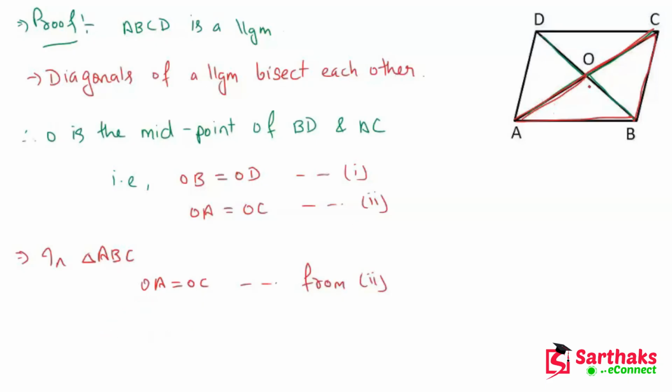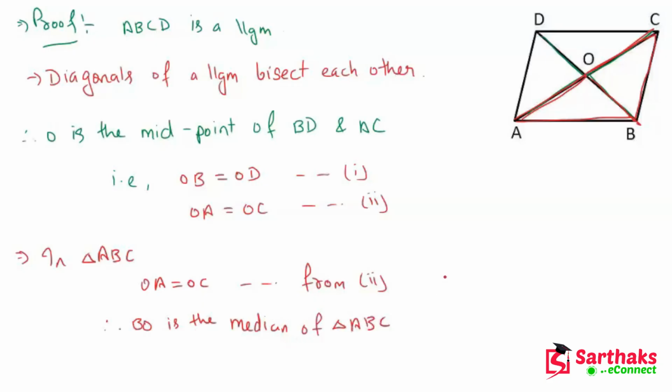And BO is the median of triangle ABC, because line BO divides AC into two equal parts. So we can say BO is the median of triangle ABC.